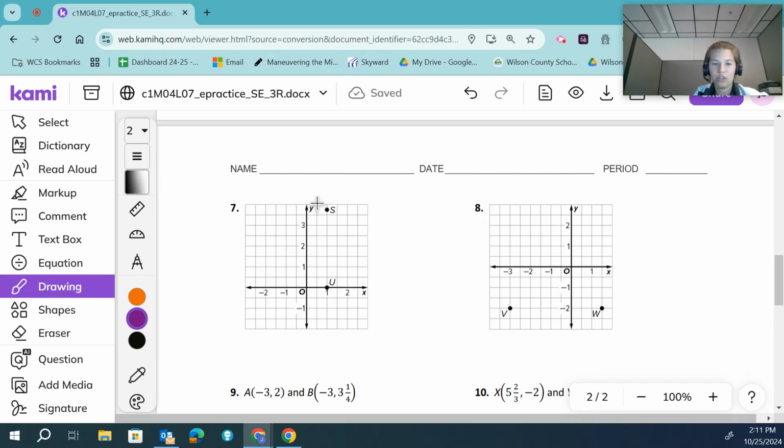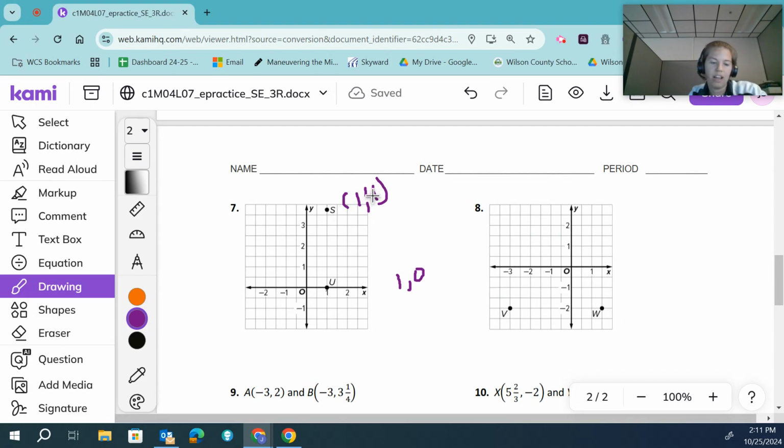Now S and U is on the axes. That puts us at (1, 0) for that ordered pair, and (1, 4) for this one. Oh, actually, this is at 1, it looks like 3.75.